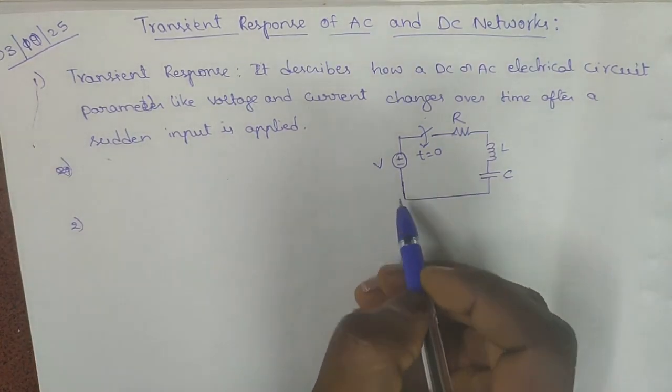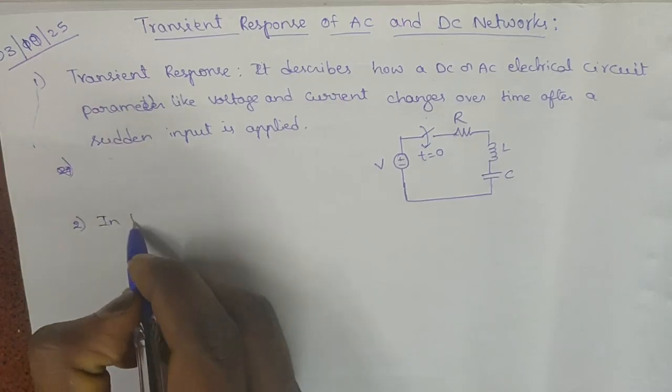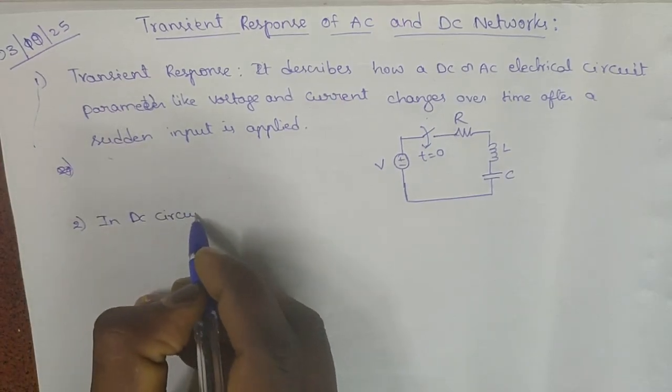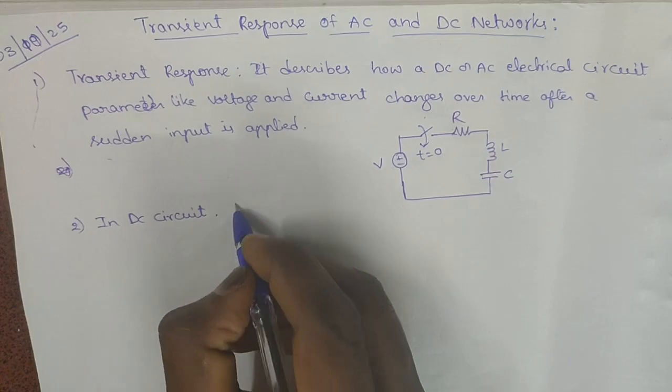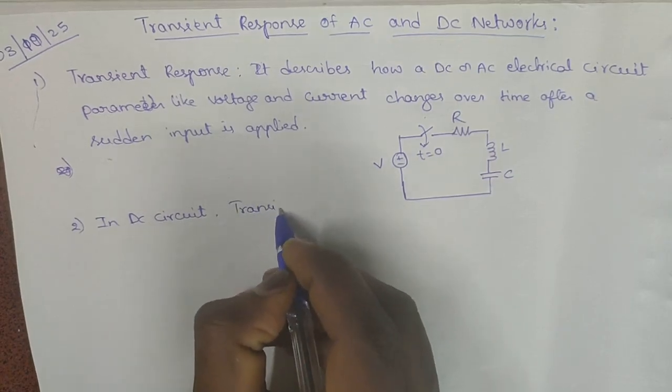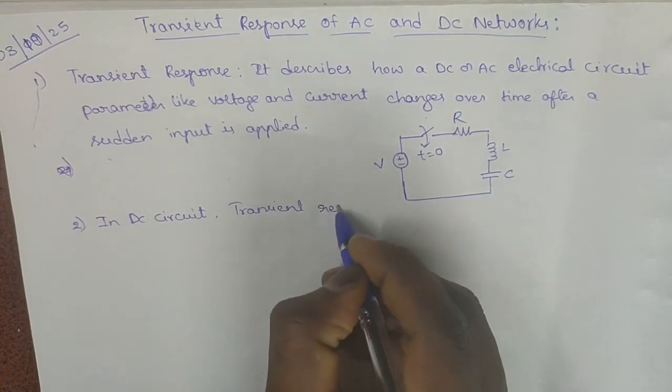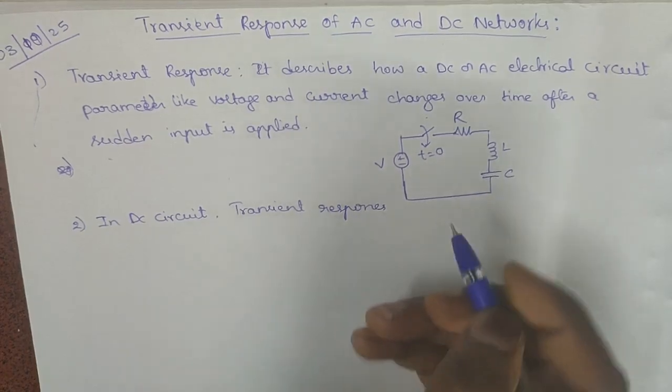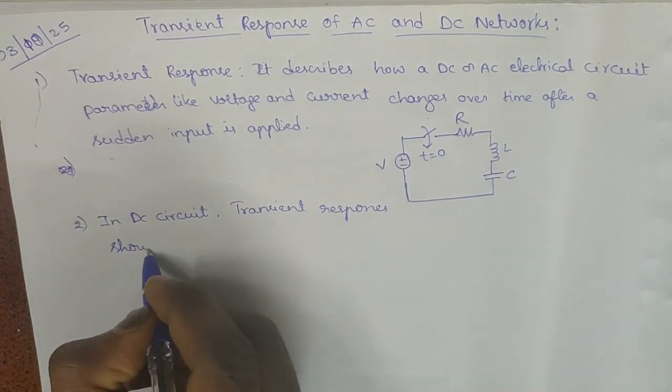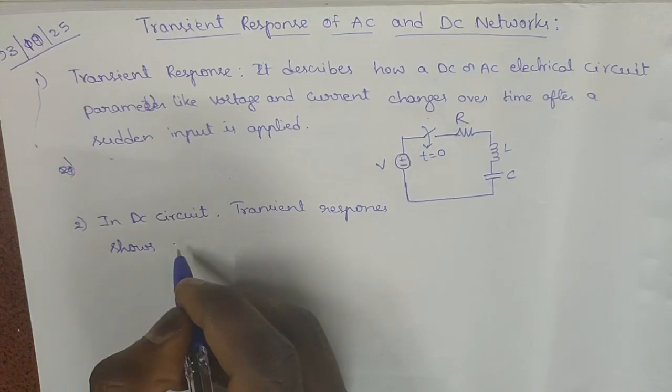This is called a DC circuit. In a DC circuit, the transient response shows temporary behavior.